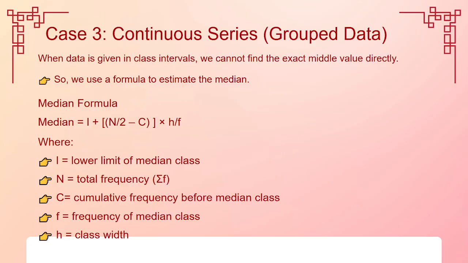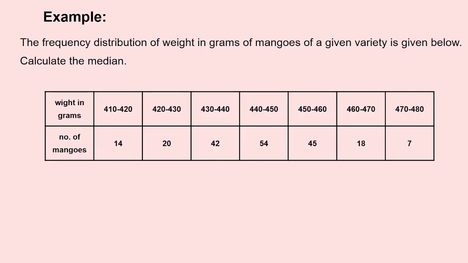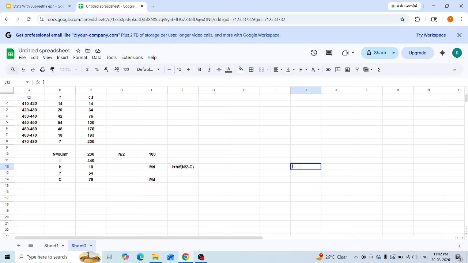Now let's see one more example. The frequency distribution of weight in grams of mangoes of a given variety is given below. Calculate median. So I have already noted the values and calculated the less than cumulative frequency. Let's see how to calculate median. The first step is to prepare the less than cumulative frequency. That's already done.